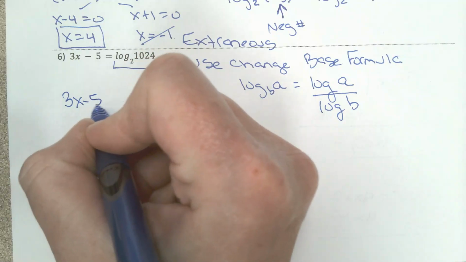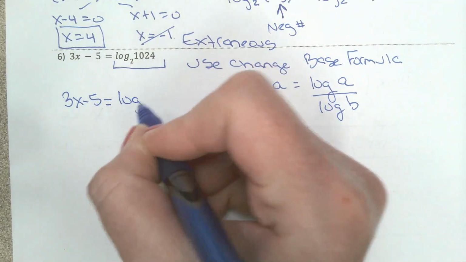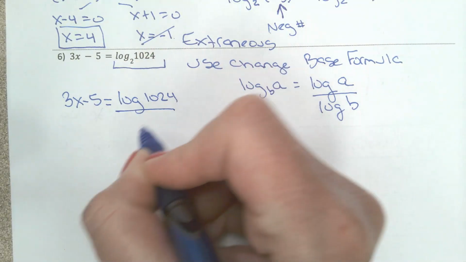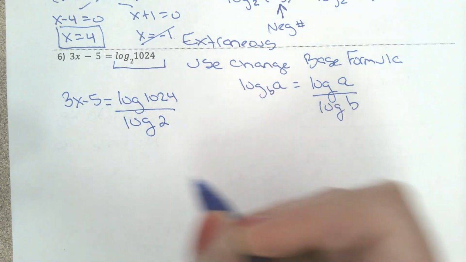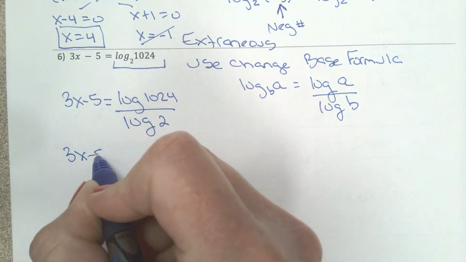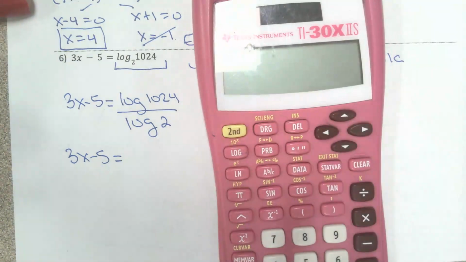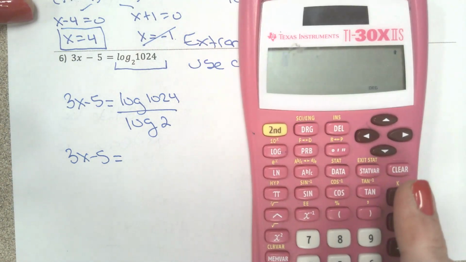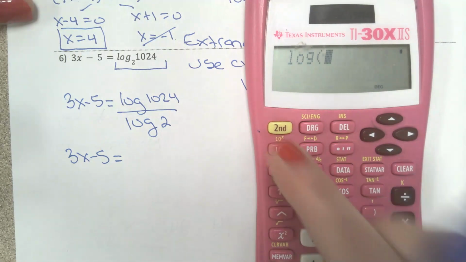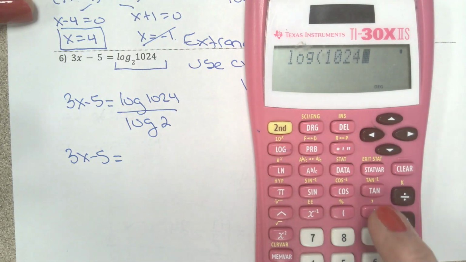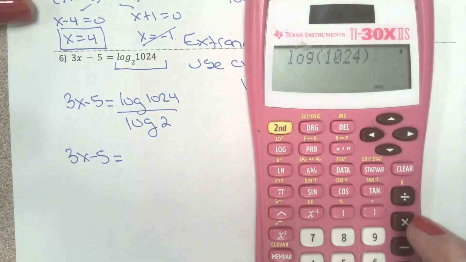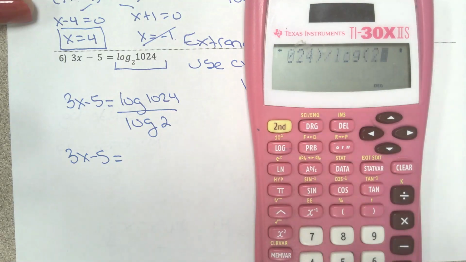So I have 3x minus 5 equals log of 1024 divided by log of 2. So I plug this in my calculator. I have log 1024, make sure you close the parentheses, divided by log 2 equals 10.